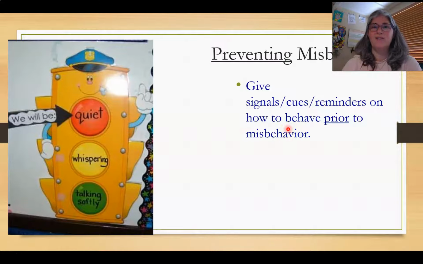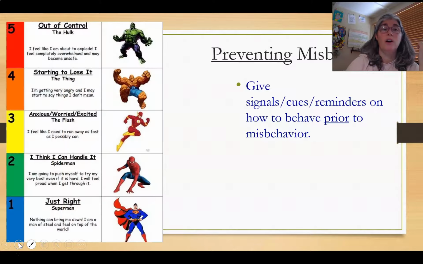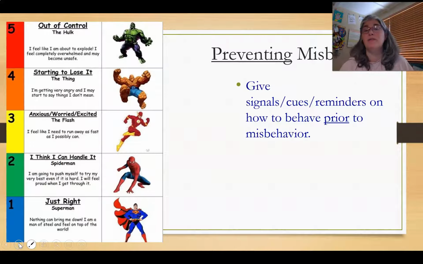So again, rather than having it get out of control and have to give a consequence, remind them, gentle reminders. So before you get into group work, talk with them about, okay, here's the noise level I'm hoping for. I want you to be quiet, or that whispering is what is needed. You can also talk with them ahead of time about how to identify different types of behaviors or emotions in themselves to help them learn how to self-control.